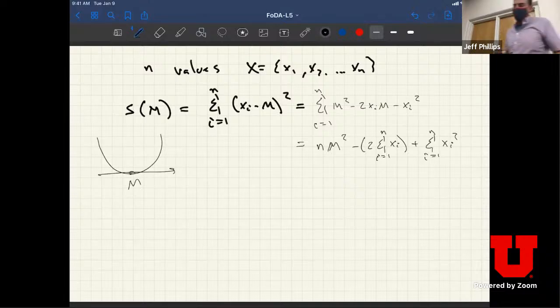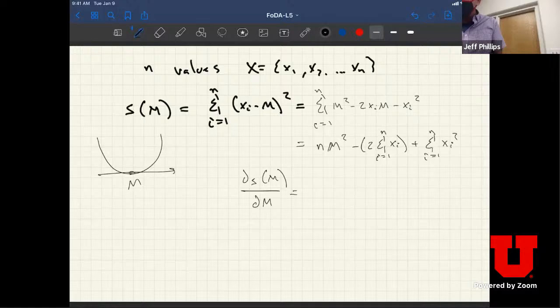So the derivative of s of m with respect to m is 2 n m minus 2 times the sum of xi. This is the first derivative with respect to m. Set this equal to 0, and now I can solve for the value m.